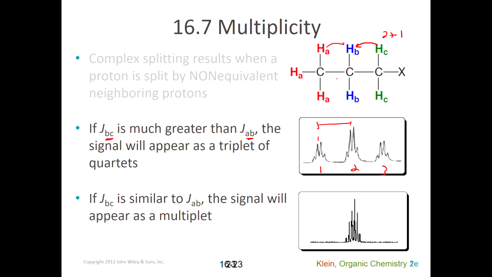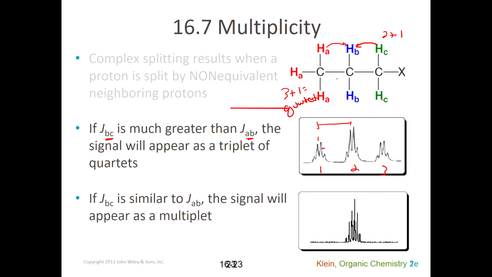If A is splitting B with a smaller coupling constant, then I get a smaller distance between the peaks of my quartets. So A, there are 3 hydrogens of that type, 3 plus 1 equals a quartet. So that's why I have 3 small quartets. It's a triplet of quartets. It's a triplet, and each peak of the triplet is split into a quartet, so it's a triplet of quartets.